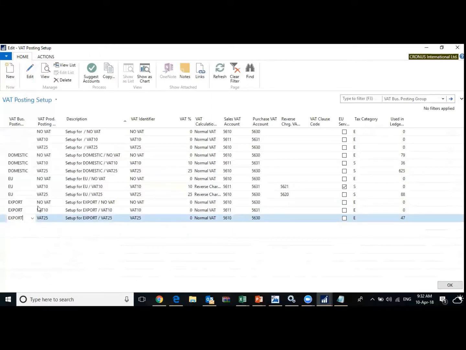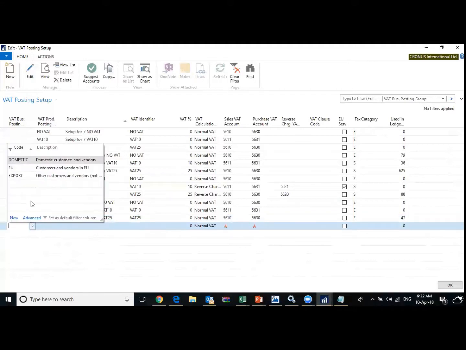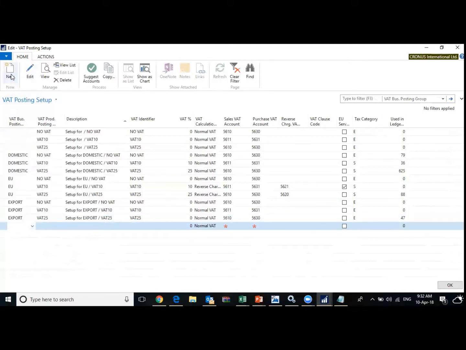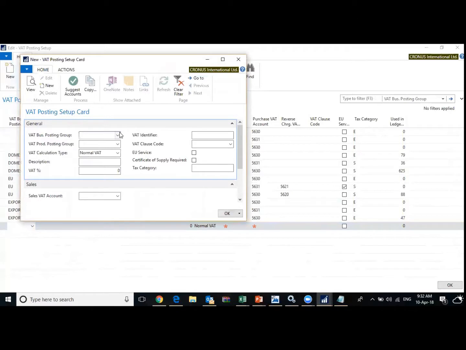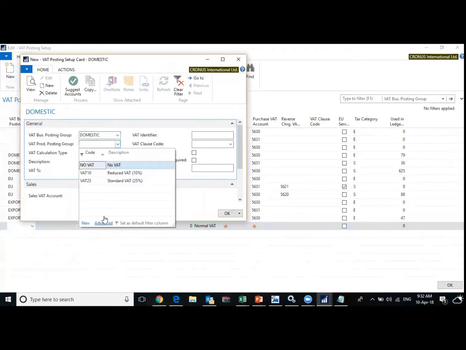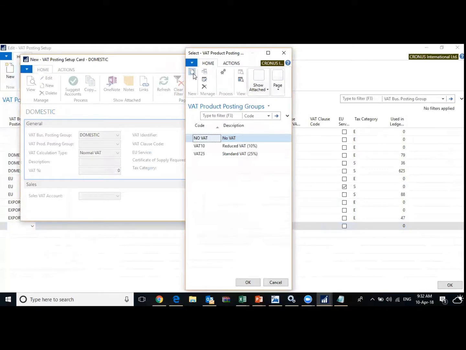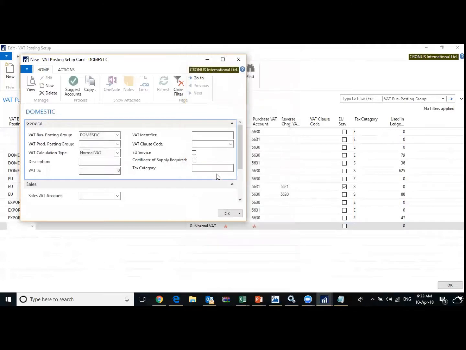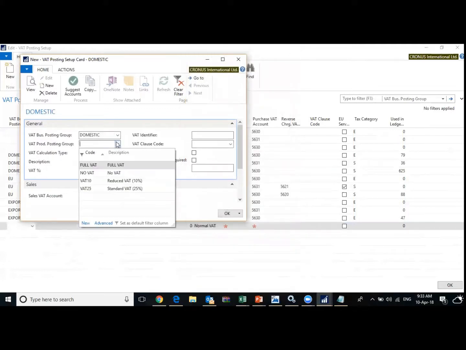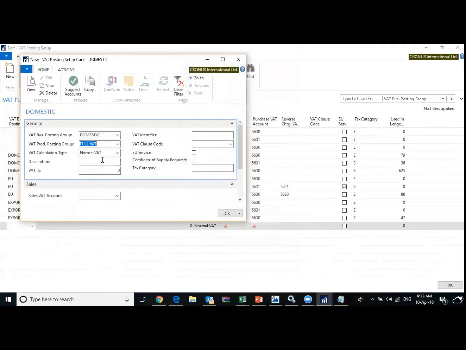Okay, right, so there is also one thing which I'm going to configure right now. I'm just going to say that my VAT business posting group is domestic, and I'm going to add here one more. It's going to be full VAT. This is my full VAT. Okay, so here I will say full VAT.